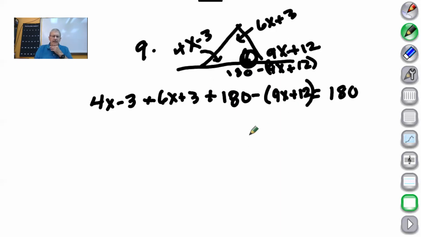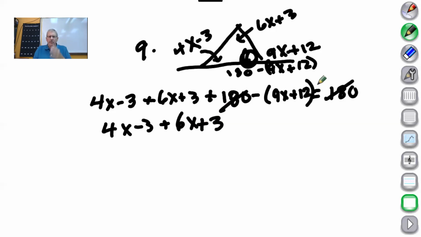Now let's see if we can solve this. Well, we can subtract 180 from both sides. So now I've got 4x minus 3 plus 6x plus 3, and this cancels out this, but we're going to make this 9x minus 12 equals 0. And I distribute that.